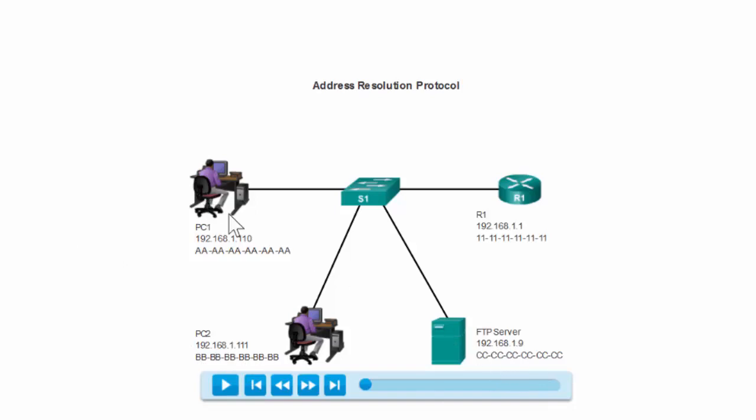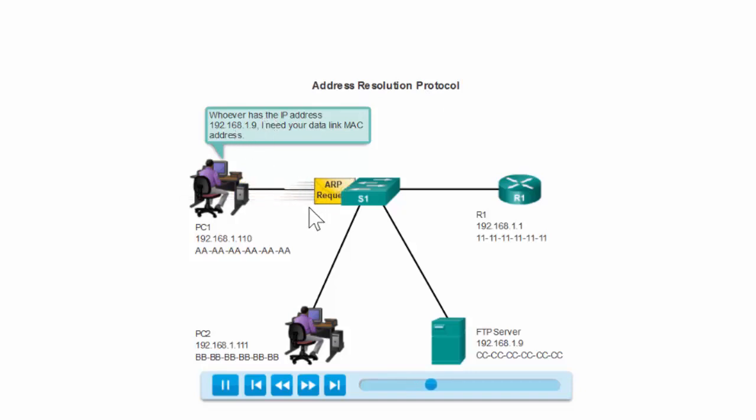So for example, if PC1 wants to communicate with any of these devices or hosts, it needs to get this physical address. The first thing it does is send a specific Address Resolution Protocol request to ask the network who has the physical address of that particular IP address.